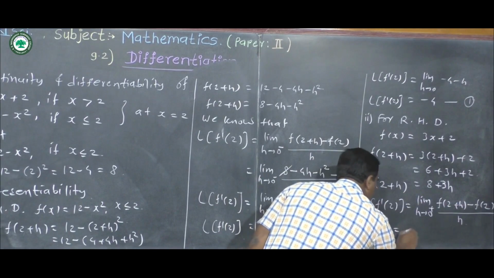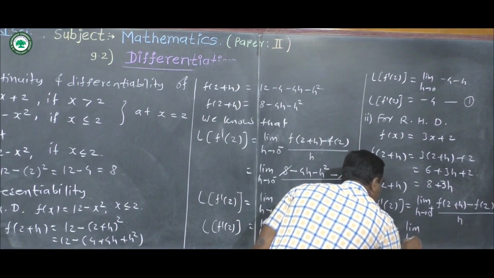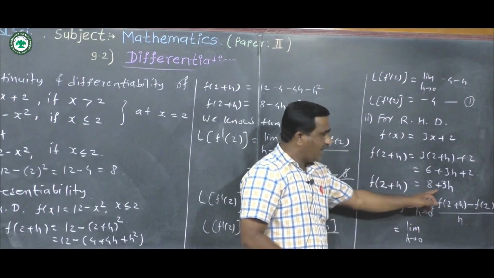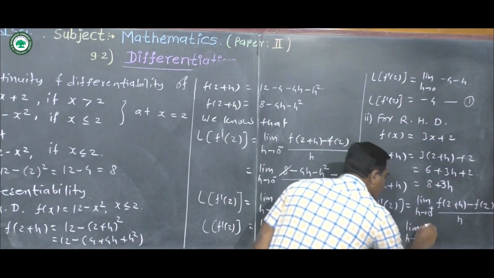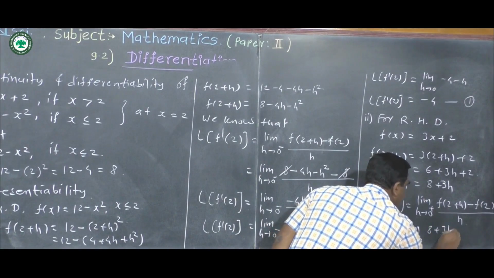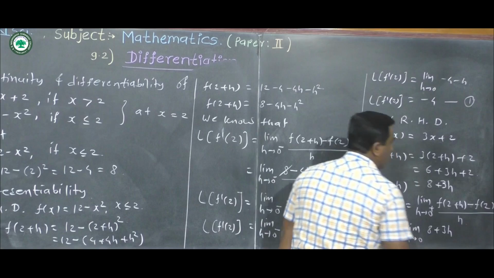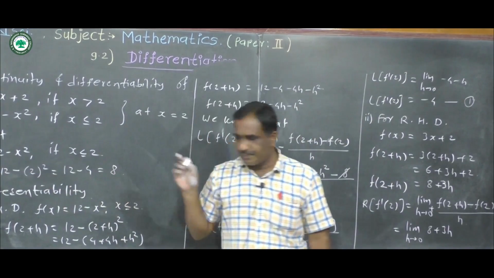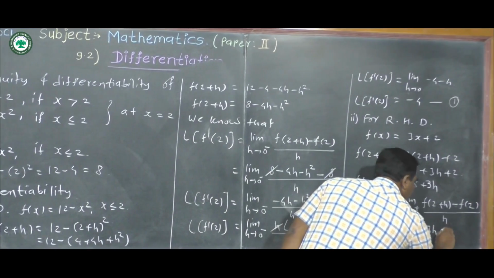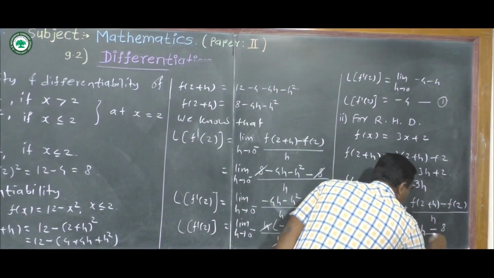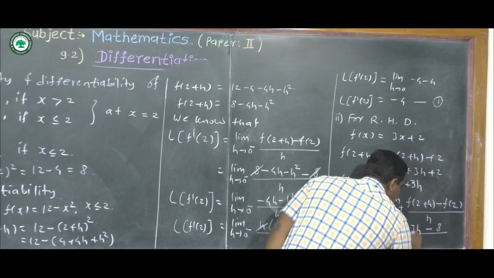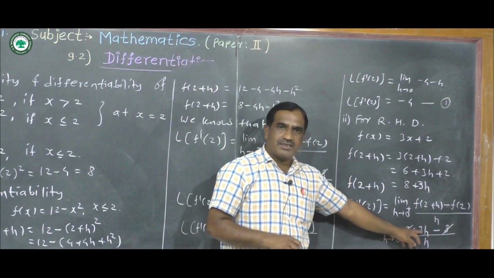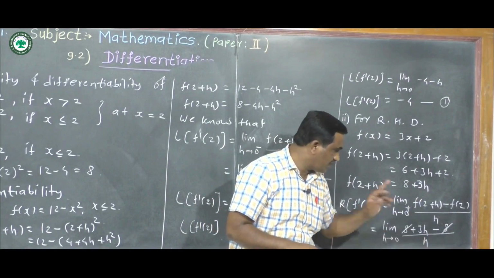That is, limit h tends to 0, 8 plus 3h minus f of 2, and f of 2 is 8, upon h. The 8 minus 8 cancels, remains only 3h upon h. The h also cancels.